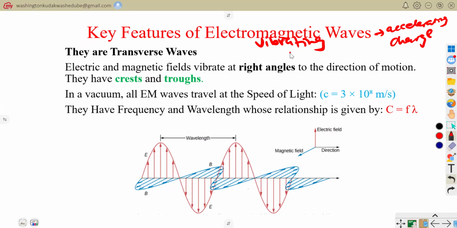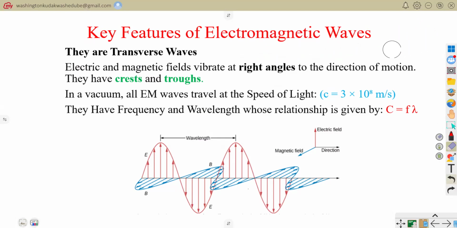Whenever there is vibration within charges, where electric charges get to vibrate, then we know that electromagnetic waves are produced. So electromagnetic waves are simply produced by vibrating electric charges, or else by accelerating electric charges. And then how do they get to travel?